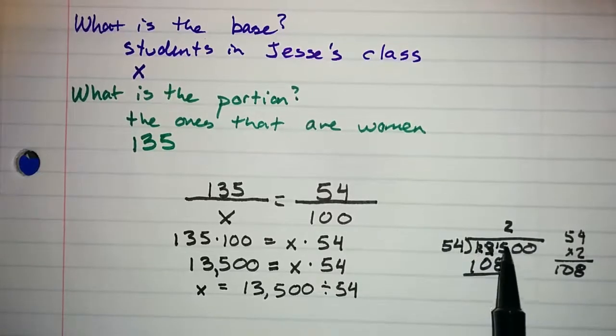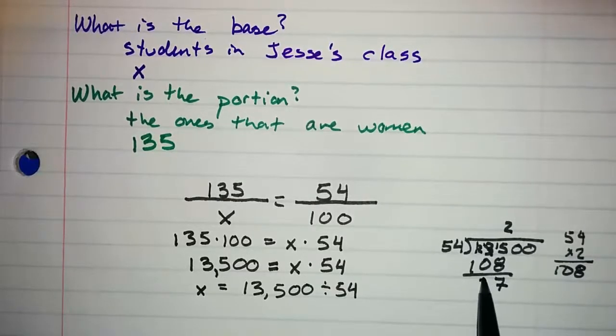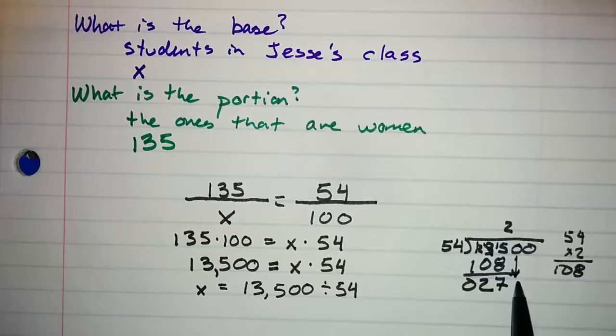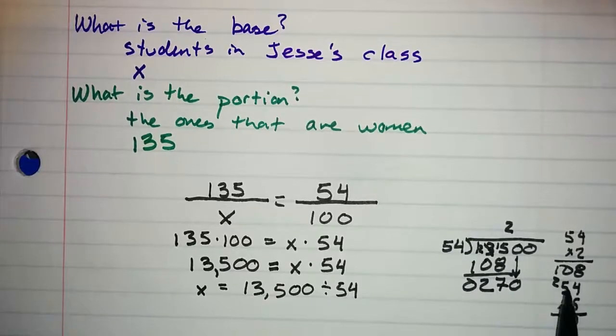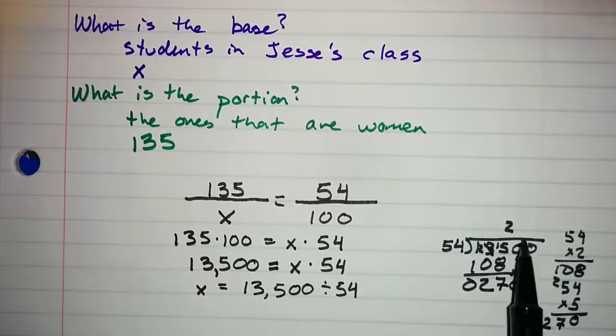Can't do that, gotta borrow. 15 minus 8 is 7. 2 minus 0 is 2. 1 minus 1 is 0. Bring down another 0. 54 goes into 270, I think 5 times. 20, 25, 26, 27. Oh yeah, 5 exactly.